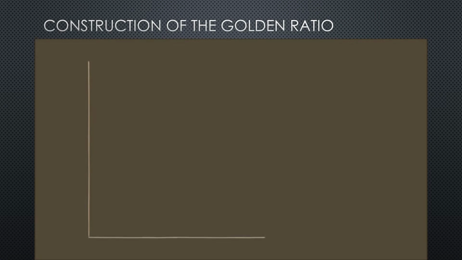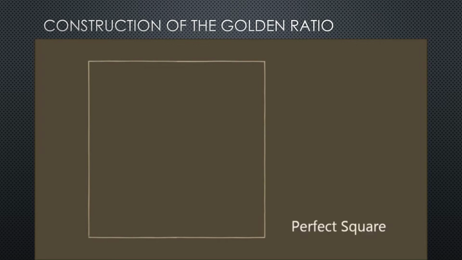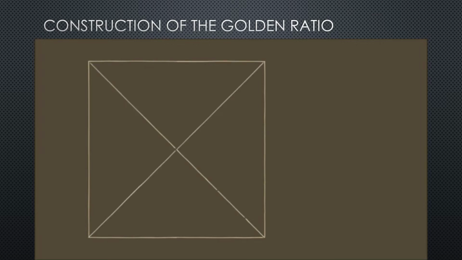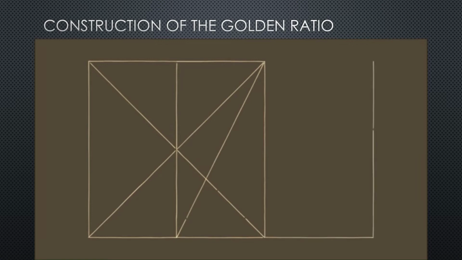Draw a square and split the square at the point of intersection of its diagonals. Now extend the curve of the diagonal of the new rectangle until the base of the square. Connect the points to create a golden rectangle.